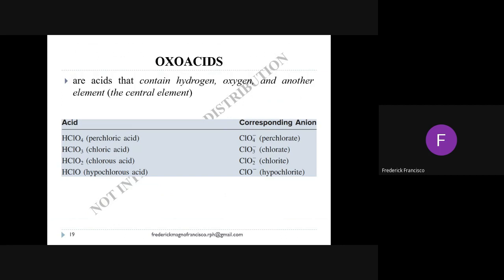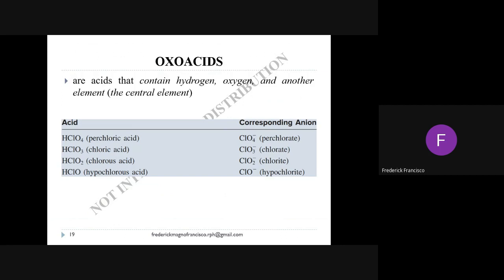With addition of one oxygen atom to the -ic acid, the acid is called per-...-ic acid. Thus, adding an oxygen atom to HClO3 changes chloric acid to perchloric acid, HClO4.